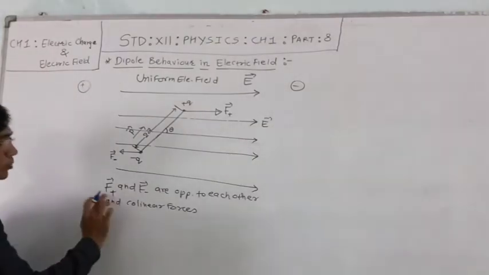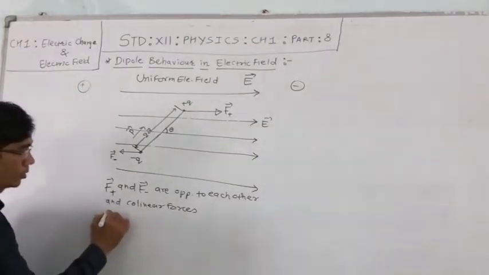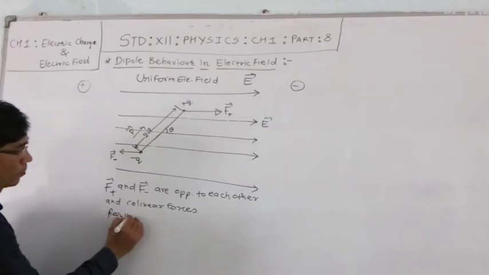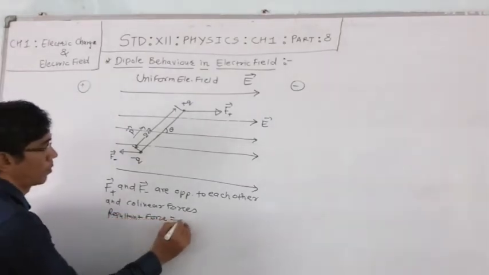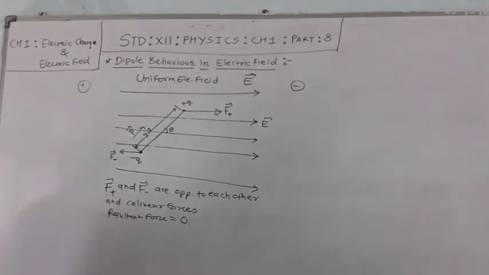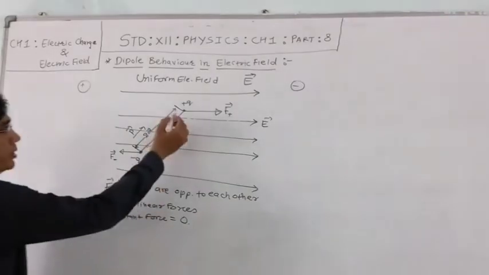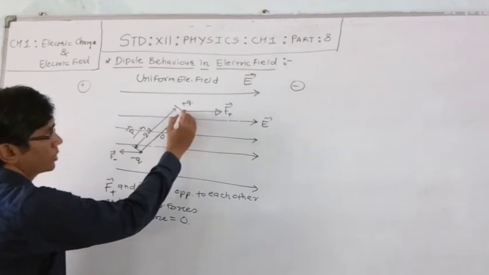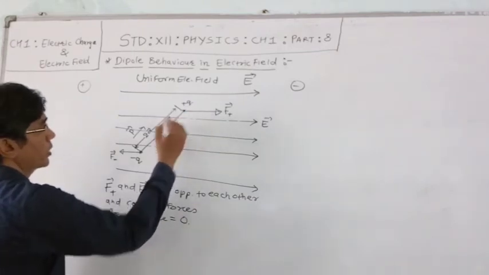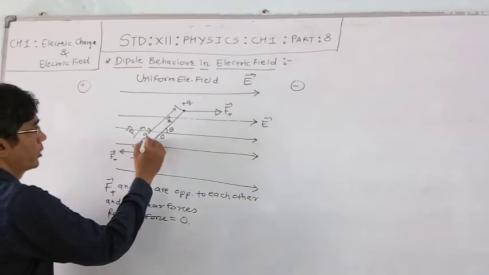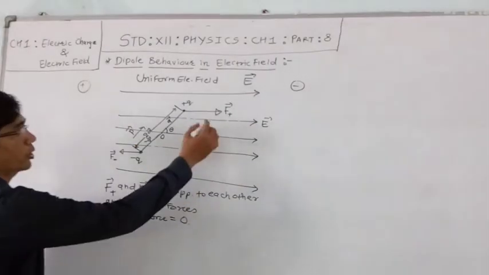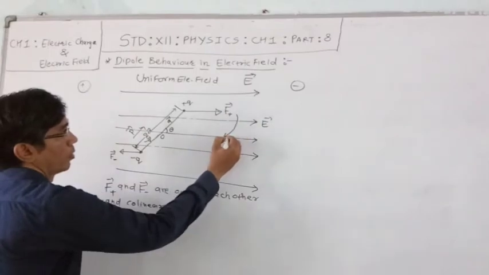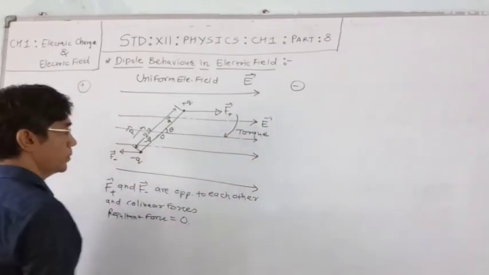The resultant of these forces is zero, resultant force is zero, because they act on the same point. But there is a distance from the center point of the dipole to the force exerted on the plus q. That distance is taken as a, and for the minus q we take minus a. So a torque is produced here.